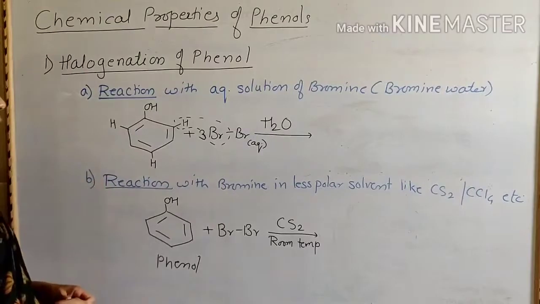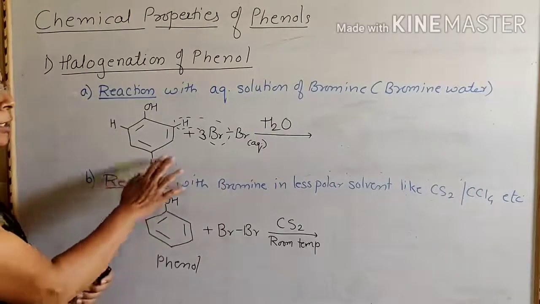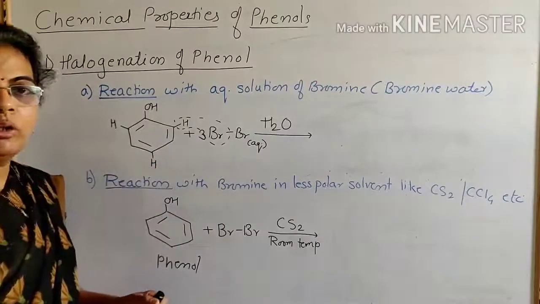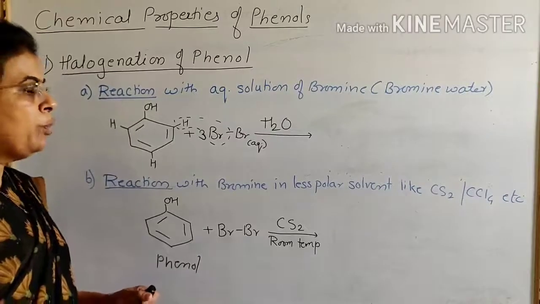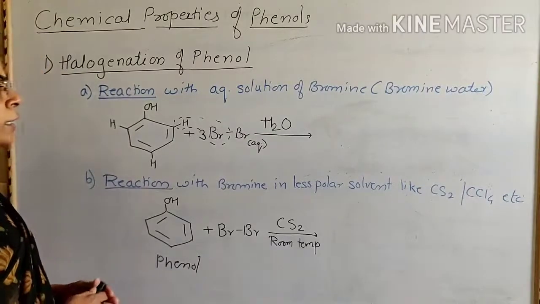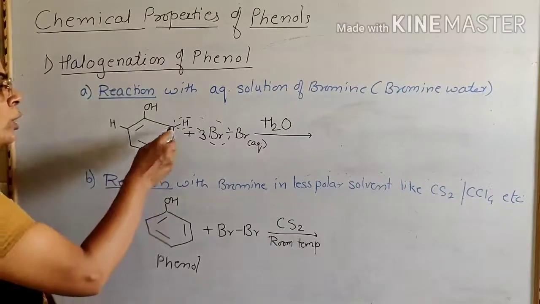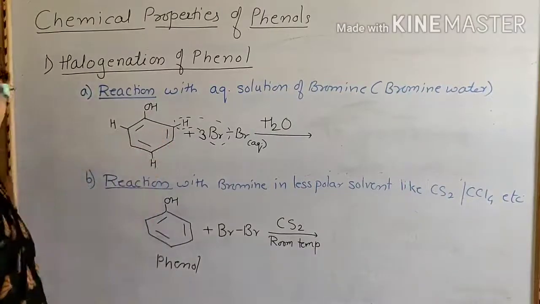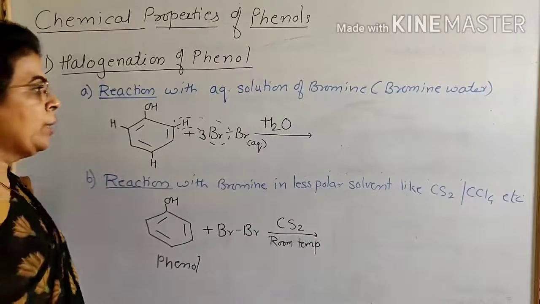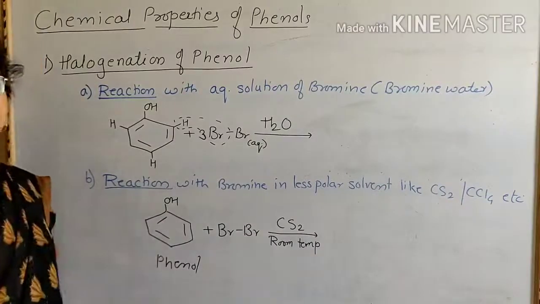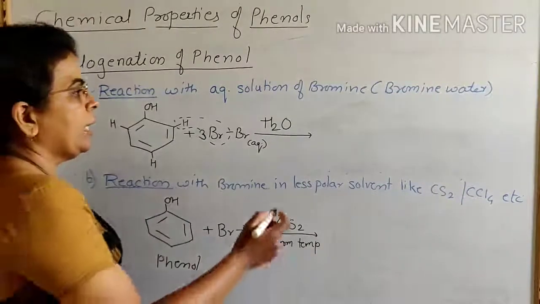Now first reaction: when phenol is treated with aqueous solution of bromine, that is bromine water, the hydrogen atoms present at ortho and para position are all replaced by bromine to form 2,4,6 tribromophenol.